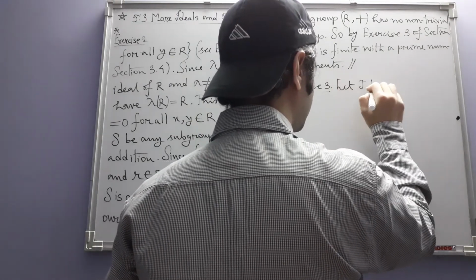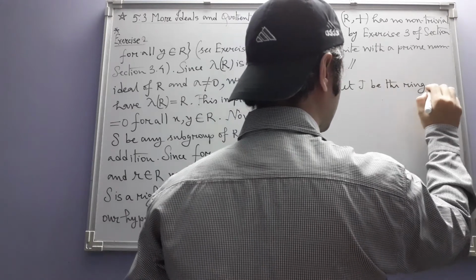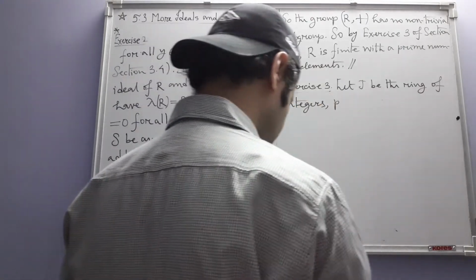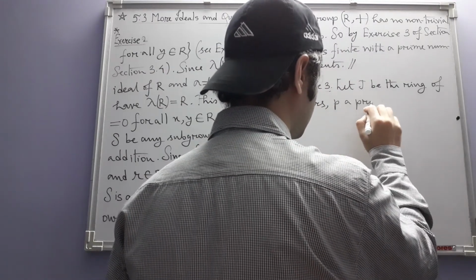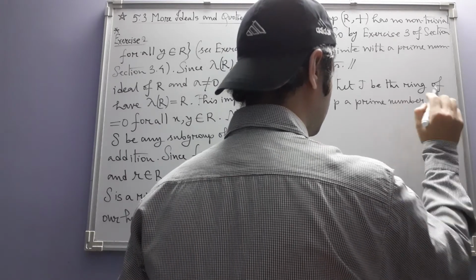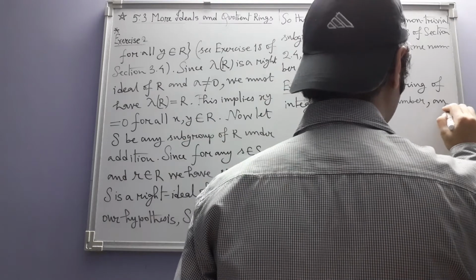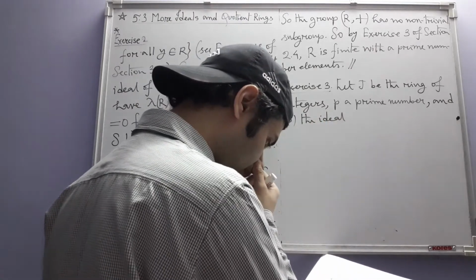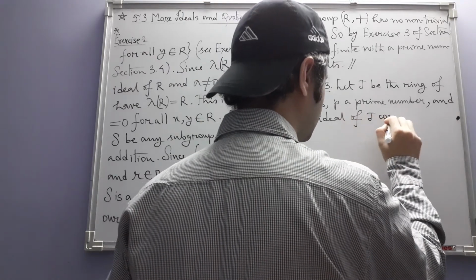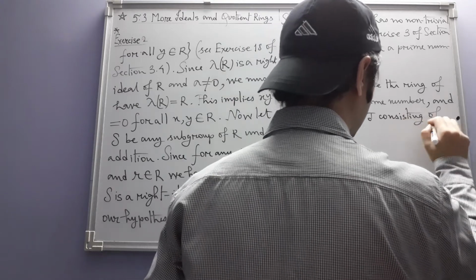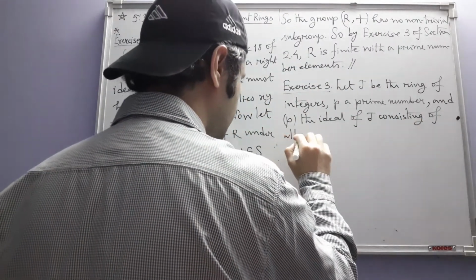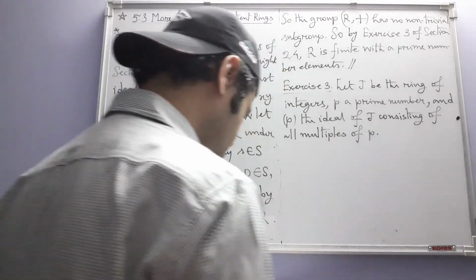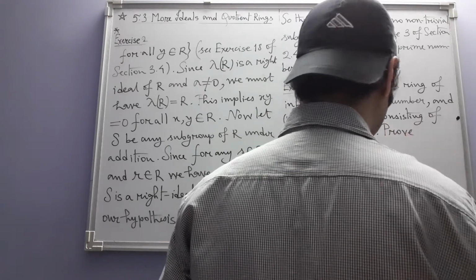Let J be the ring of integers, P a prime number, and this the ideal of J consisting of all multiples of P. We have to prove two things.